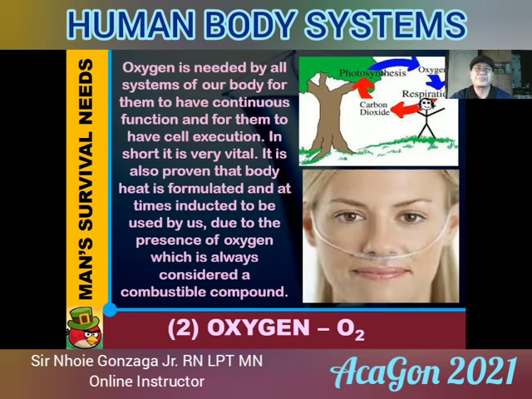In short, it is very vital. It is also proven that body heat is formulated and at times inducted to be used by us due to the presence of oxygen, which is always considered a combustible compound. So always remember, especially today, it's COVID season, the greatest heat organ is the lungs.